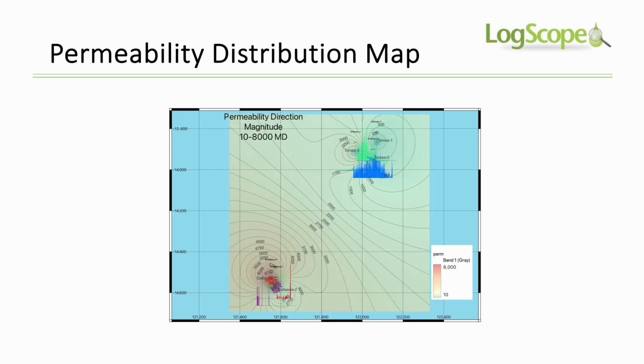When we look at the permeability, again, it's showing a similar sort of distribution. It's highly permeable in Caliance and not so permeable at Tarosa. And the directions are showing the directions as we discussed.